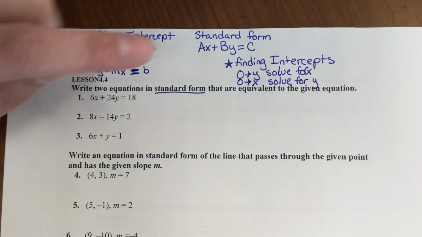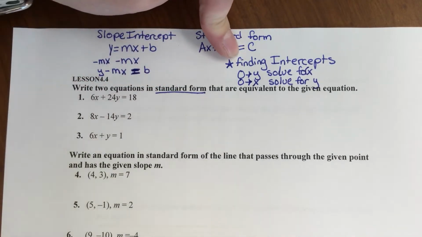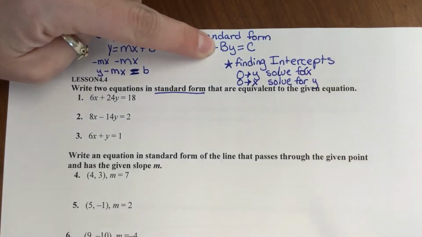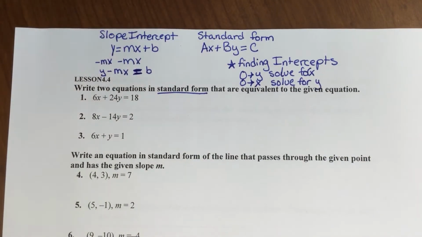This makes it really easy, because if we put 0 in for y, that disappears and we have ax equals c and we just divide. And if we're putting 0 in for x, that disappears and then we just solve for y by dividing by b. Okay, so that's why we use standard form.